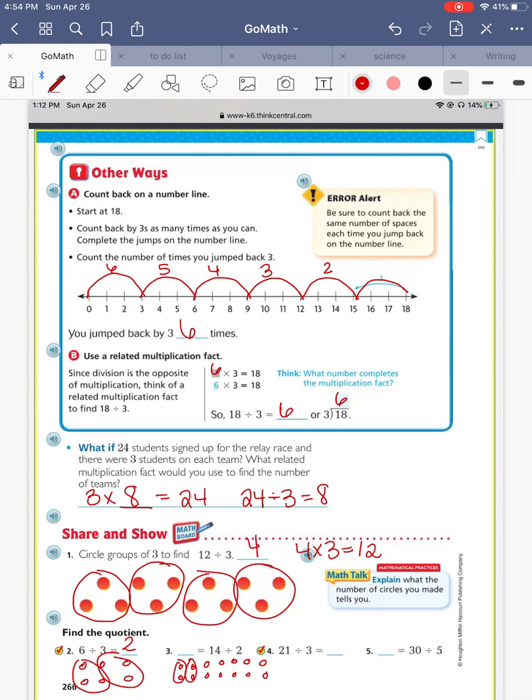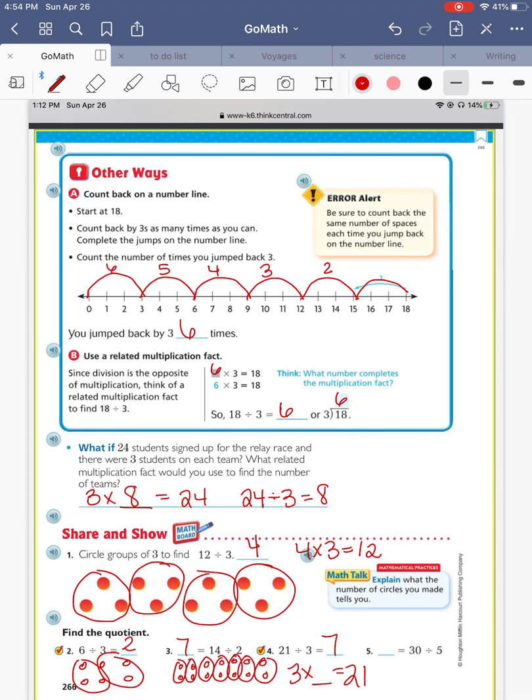Circle groups of 2. And I have 7 groups of 2. 21 divided by 3. Let's do a related fact. So 3 times what equals 21. And you know that 3 times 7 is 21. So 21 divided by 3 is 7.